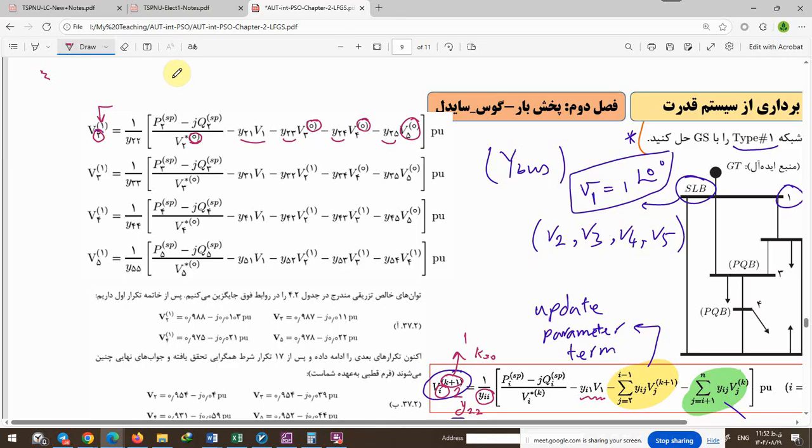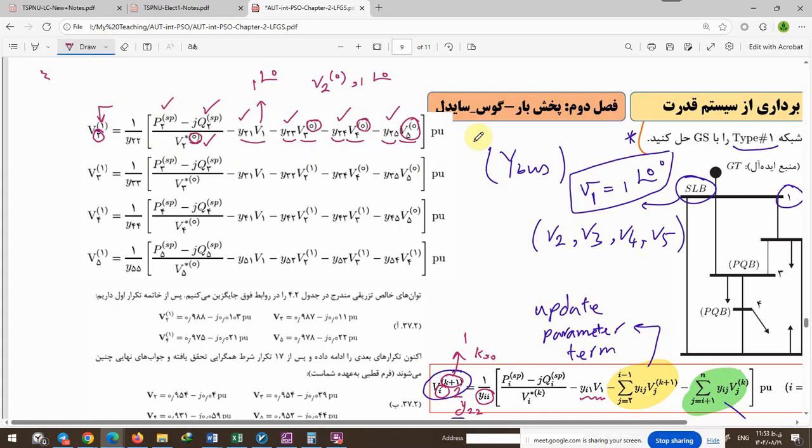In the last table we find V2 is okay, Q2 okay, V2 initial value is okay. V2 initial value is 1 with 0 degree. Y21 is fine, also Y23, Y24 and Y25. Other values are initial values and V1 is fixed as 1 with 0 angle.